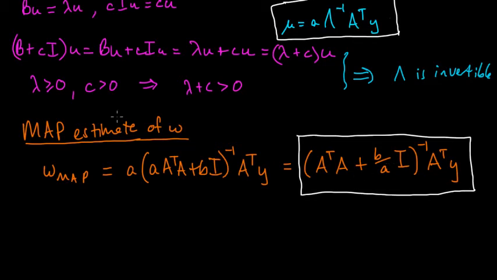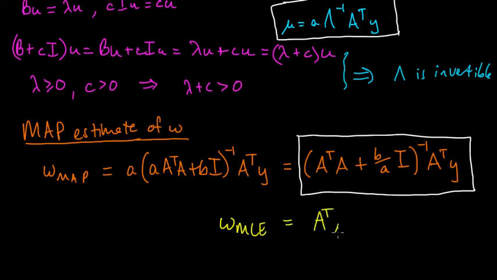If you remember from when we computed the MLE, let's write the MLE and we'll see the similarity here. This is a nice way to remember what the MAP is.